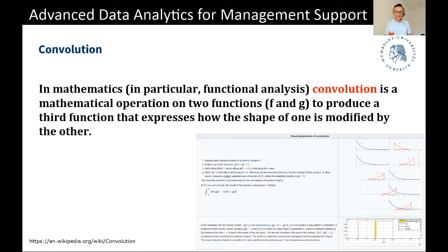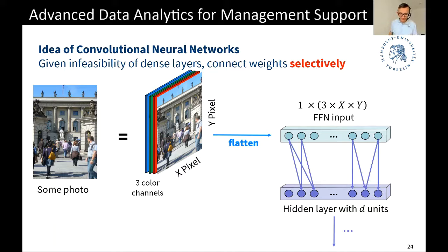But actually, the easiest way is to see how this is implemented in the scope of convolutional layers, and to see that in the scope of image analysis. So let's do that. That picture you might remember. I used it before to make the point that feed-forward neural networks don't scale for image data. The reason was that in vanilla feed-forward neural networks, you have your input, which is just the flattened image, x by y times 3, in case that's a color image.